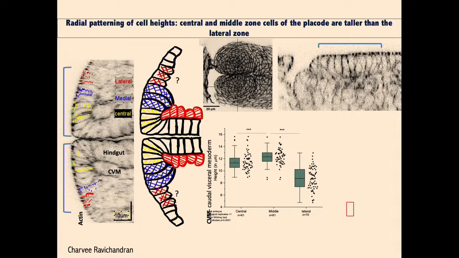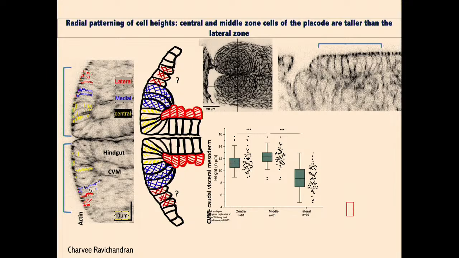So we're actually thinking about a structure that has a curvature that's distinct from the non-placodal region, but also has an increased curvature on the inner side. So it's like a thickening with two domes, one that's flatter than the other, right?